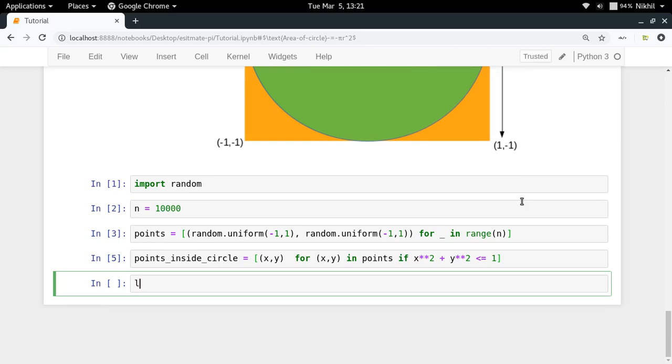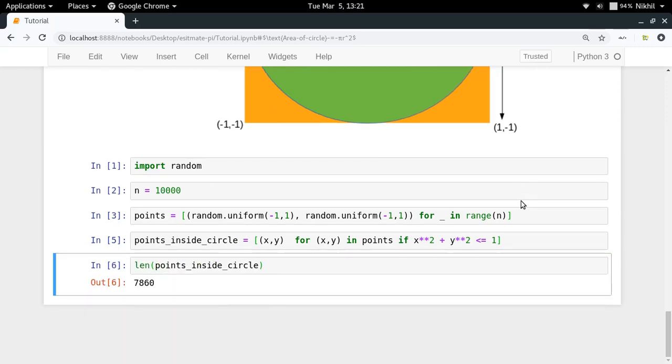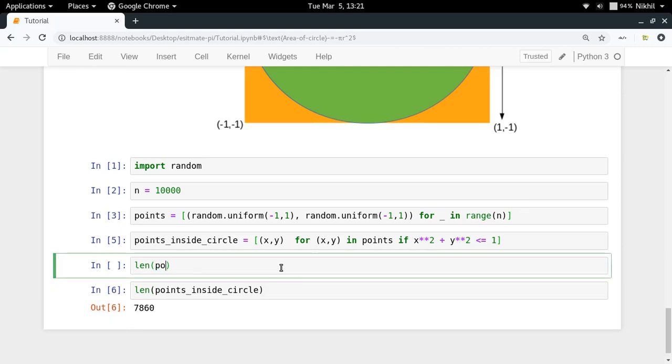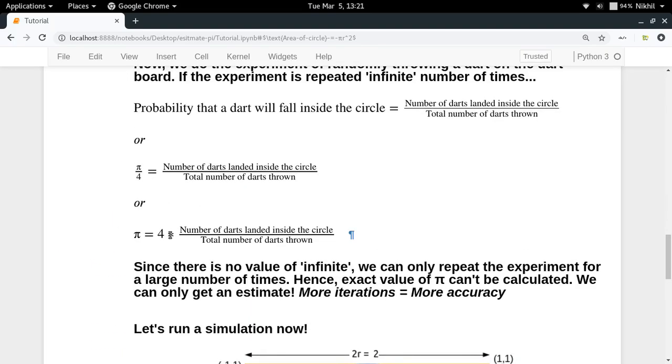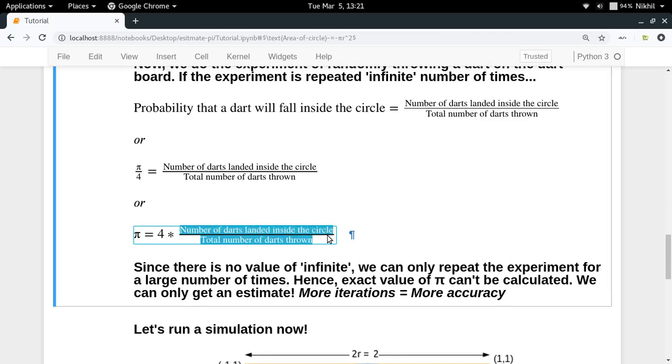So let us see how many points are inside the circle. Out of 10,000, 7,860 points are inside the circle, as you can see, right? Then what is the formula? The formula was 4 times number of darts landed inside the circle divided by total number of darts thrown.